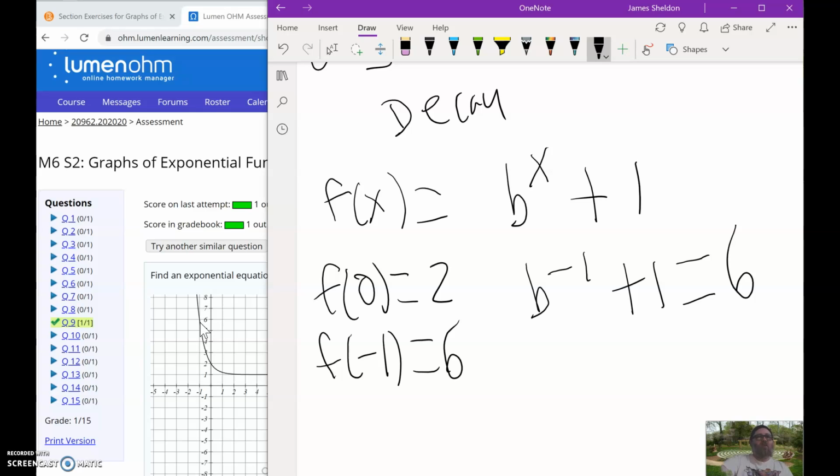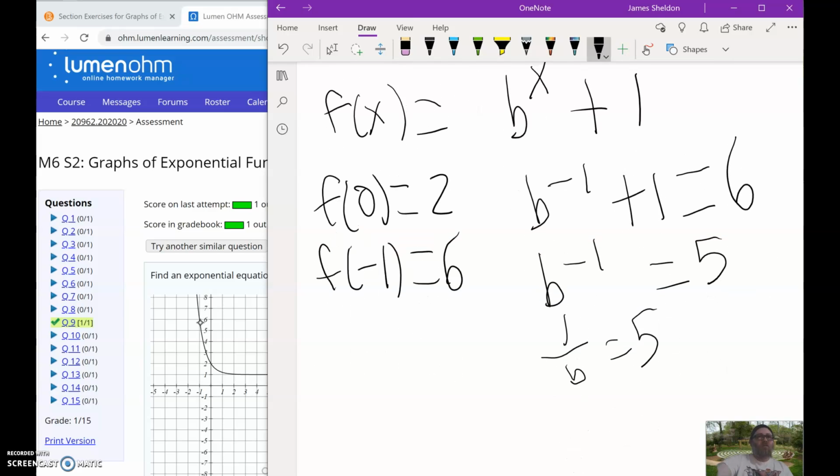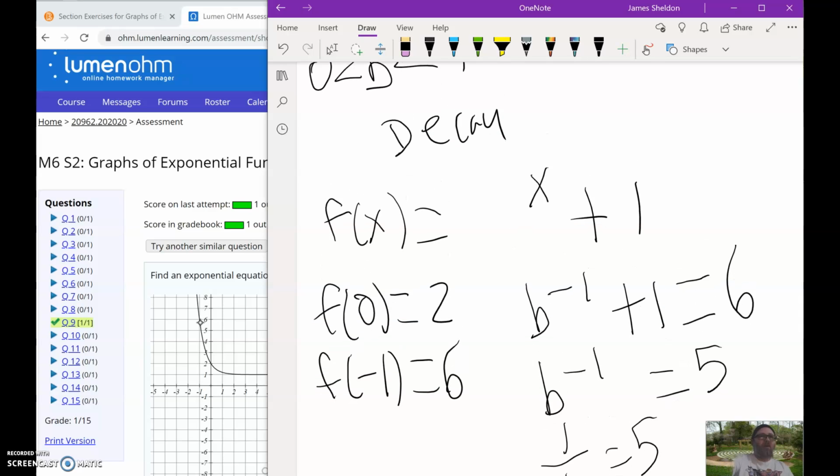So immediately we can see that we would take b to the minus 1 equals, subtract 1 from both sides, and we have 5. Now b to the minus 1, that's convenient because that is 1 over b equals 5. And now if we divide both sides by 5, multiply both sides by b, we end up with 1/5 equals b. And then we can come back up here, and we know that b is 1/5.